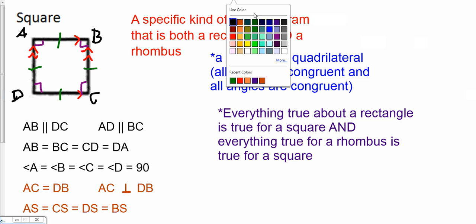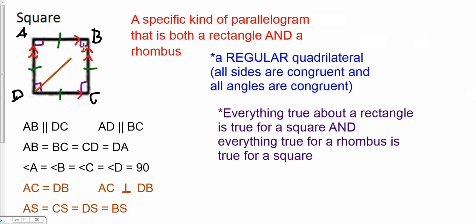And if that wasn't enough, we can make our diagonals A to C and D to B. We know that AC is congruent to, or is just as big as, D to B. So these are equal in measure. They're just the same length.